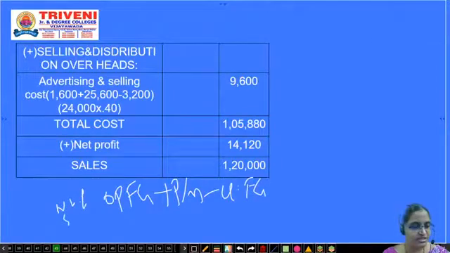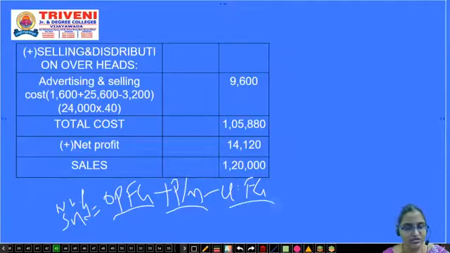Always you take only the unit amount, not in rupees, because you are calculating only the units. Opening finished goods was 1600 units. It was given in the problem.